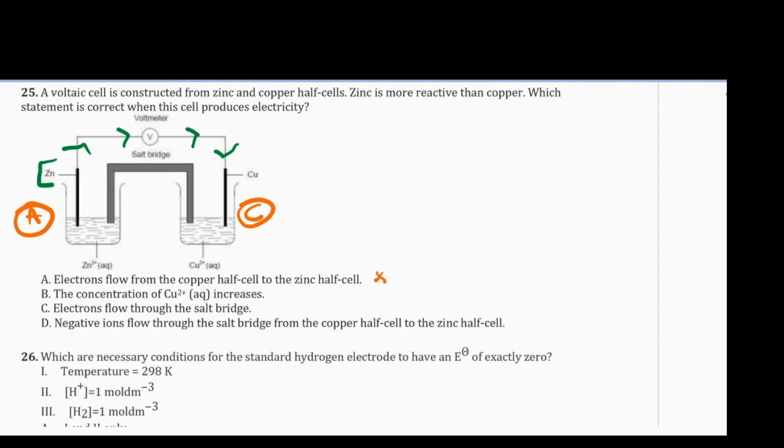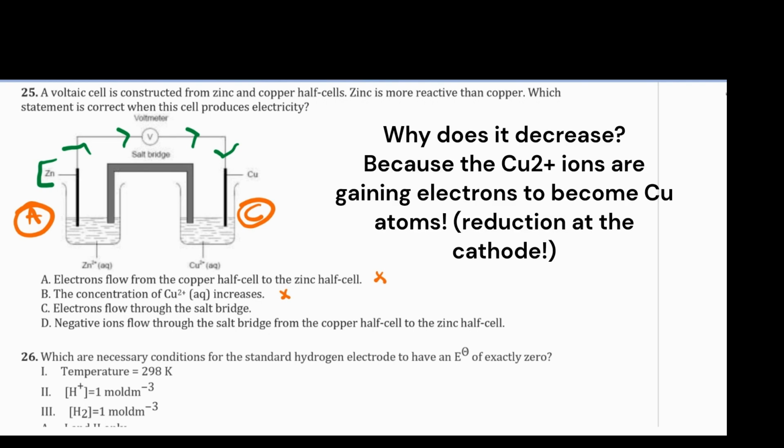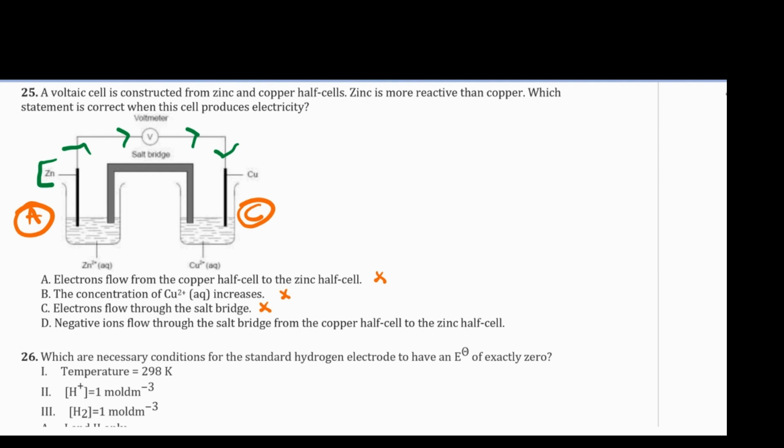So then, electrons flow from the copper half cell to the zinc half cell. No, they do not. The concentration of copper 2 plus increases. No, it actually decreases. Electrons flow through the salt bridge. No, they don't. That will be the ions. The electrons flow through the external circuit or through the wire.